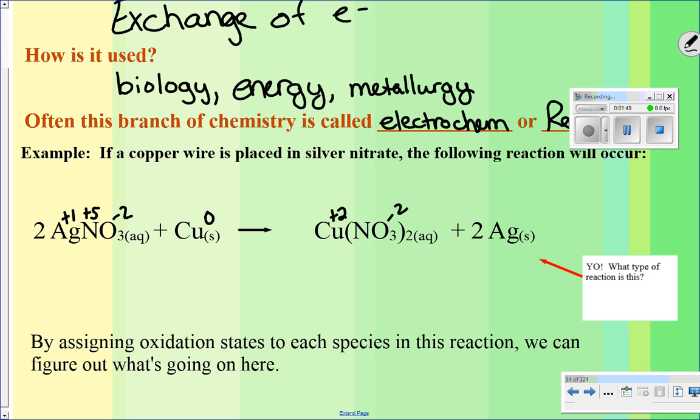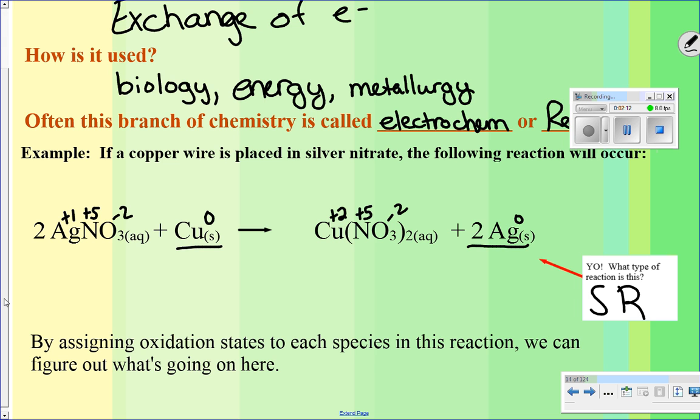Our oxygen's -2, our nitrogen's +5, and silver has a charge of 0 because it is on its own. It has an oxidation state of 0 because its protons and electrons are equal. And if we look at this reaction, you'll remember from earlier in the year we have a single element on each side. This is what's called a single replacement reaction.